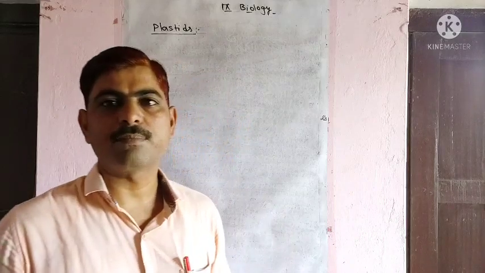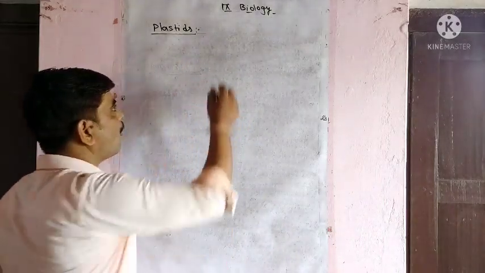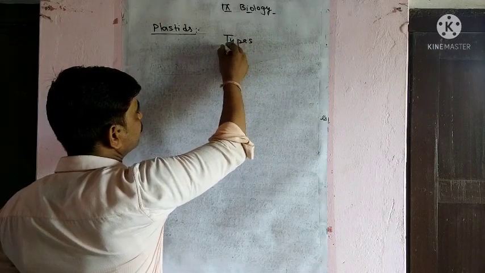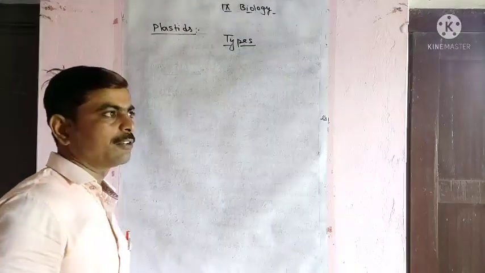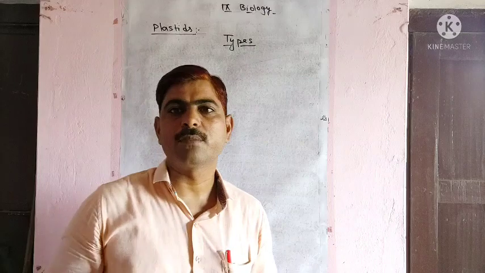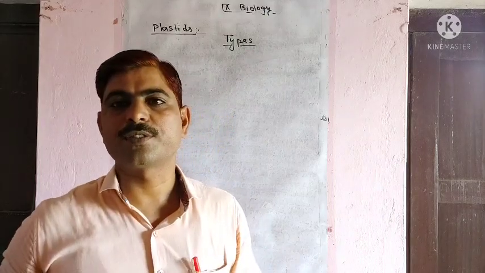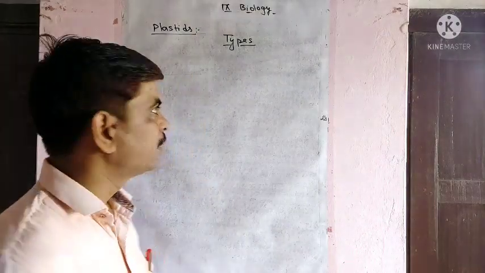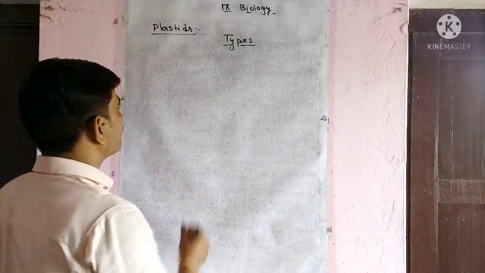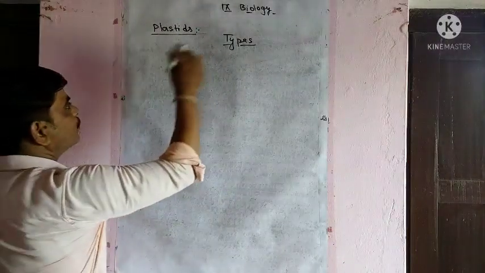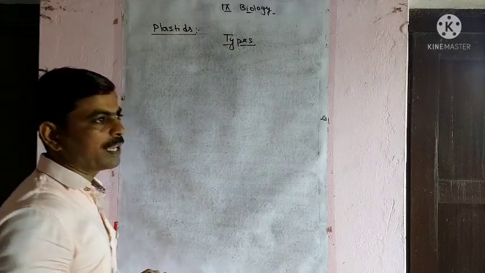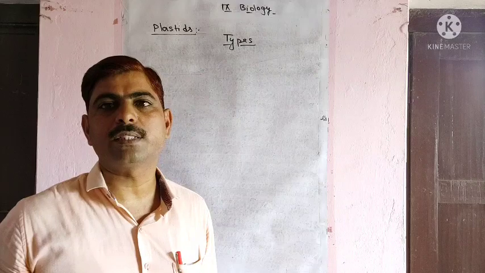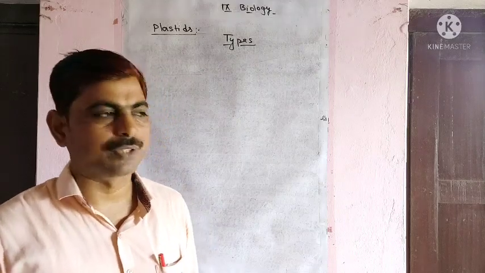If we talk about their location, they can be found in the root, in the stem, and in the leaves of the plant. And if we talk about their types, there are two types of plastids on the basis of whether they are exposed to sunlight or not exposed to sunlight.